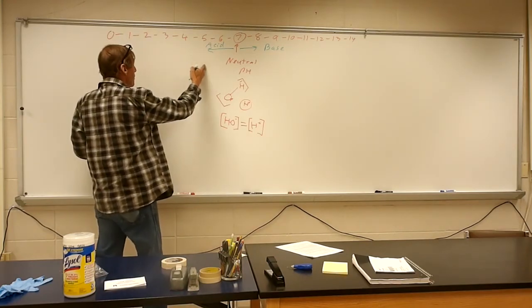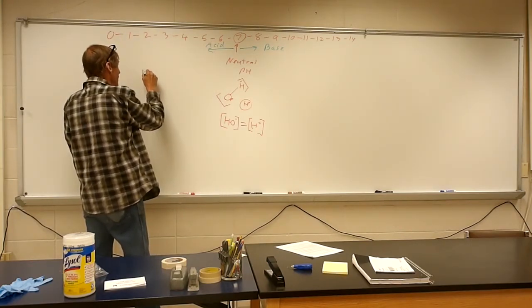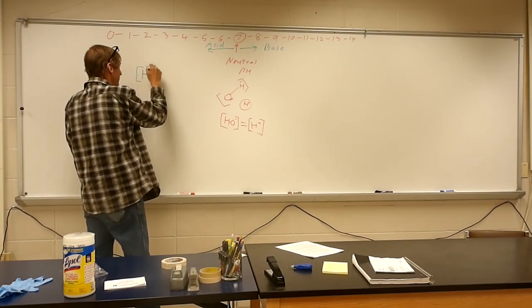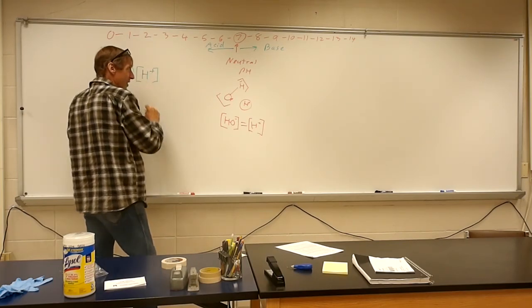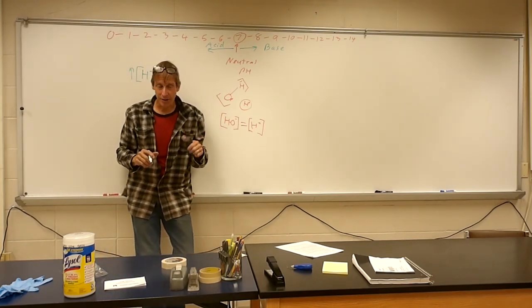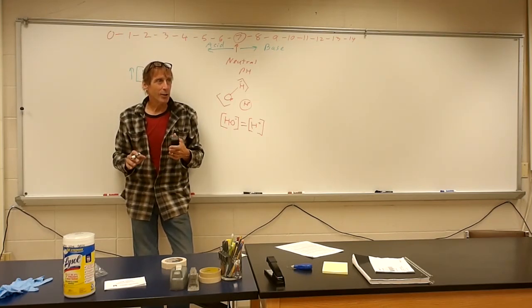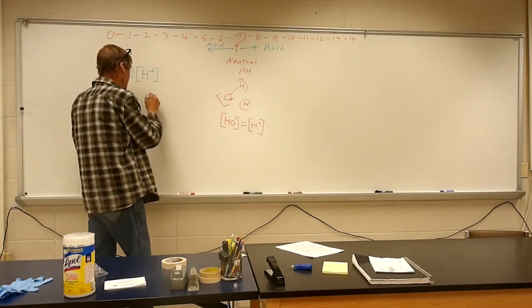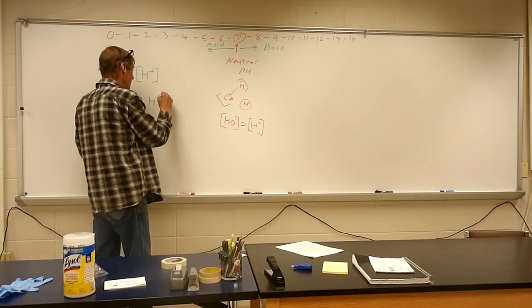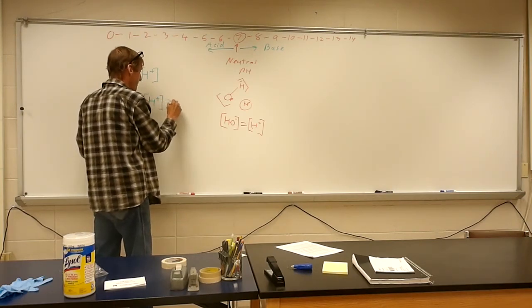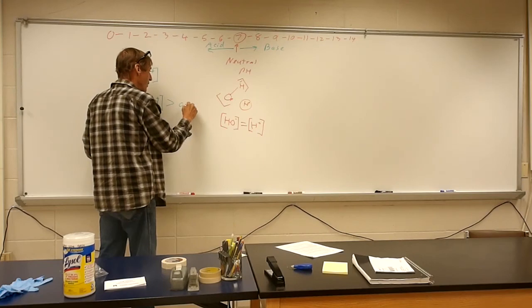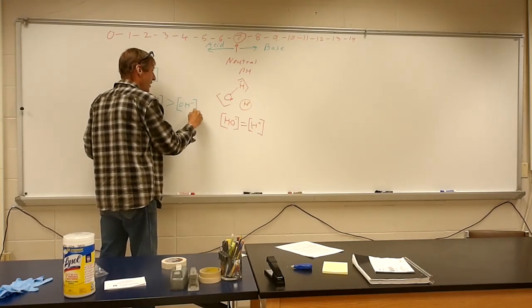So as you get smaller in pH value, the hydrogen ion concentration is increasing as the number gets smaller. It's a little backwards. Another way to look at it, in an acid solution, the concentration of the hydrogen ions is going to be greater than the concentration of those hydroxide ions.